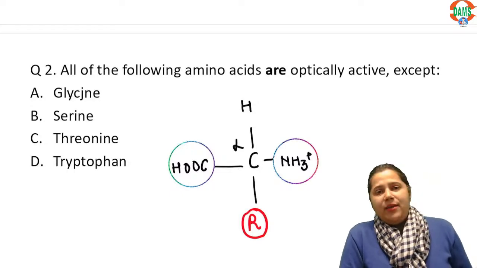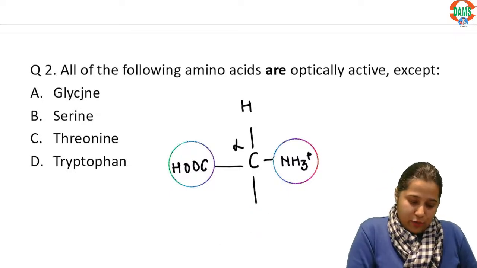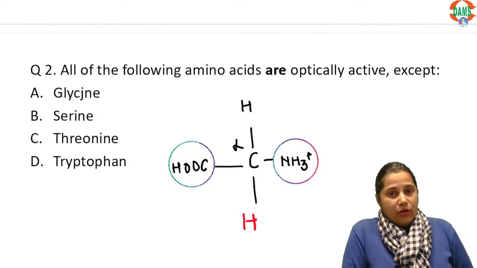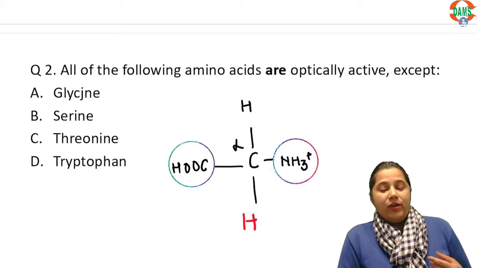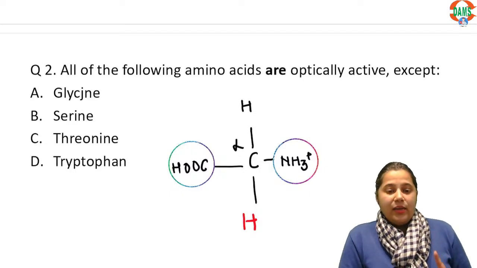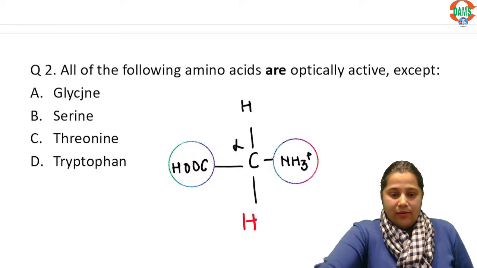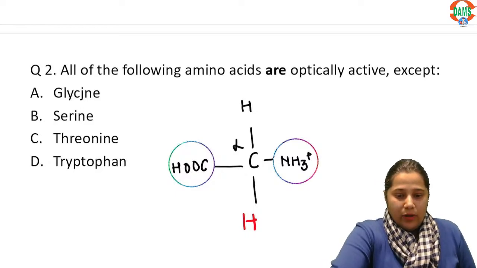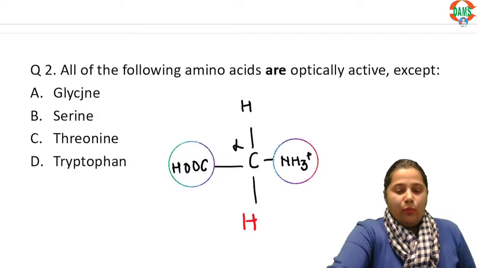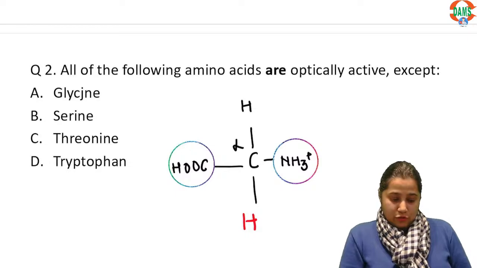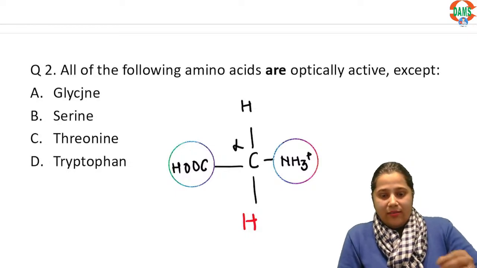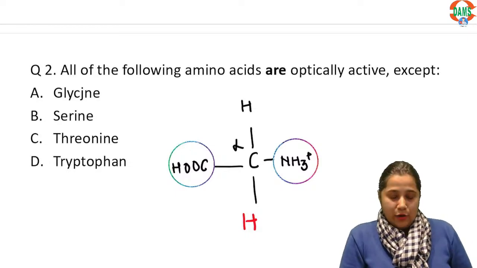So if I replace this R group with hydrogen, now one hydrogen is part of that amino acid, but another hydrogen is its R group. Glycine is the only amino acid where you will have the R group as hydrogen. There is no other amino acid which has R group as hydrogen.